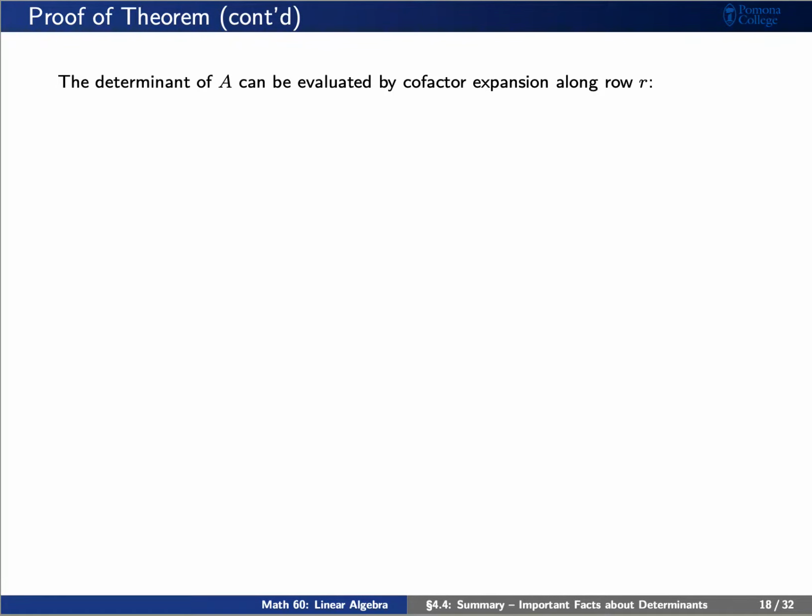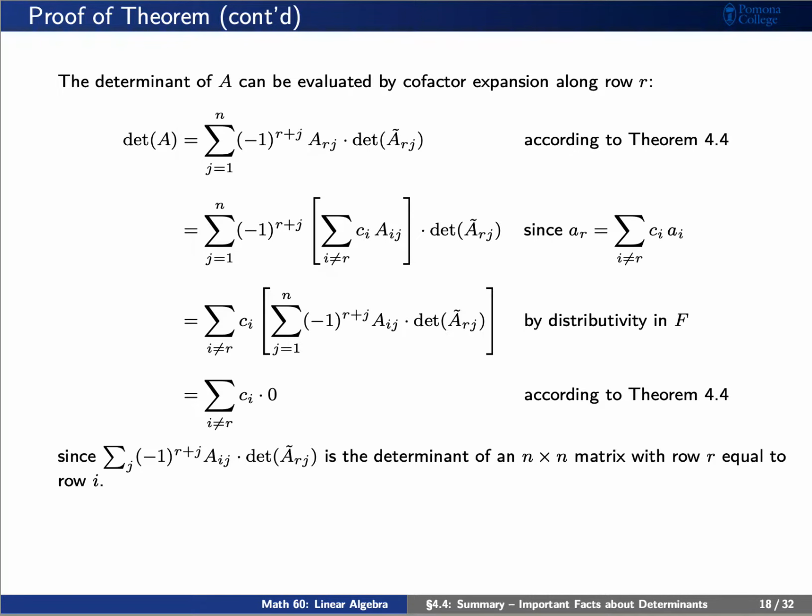That means that the determinant of A can be evaluated using a cofactor expansion along this row. We'll see here, by multiplying things out, that we actually have a sum. You'll see this on equality 3: the sum over j from 1 to n of minus 1 to the r plus j, a sub ij, times the determinant of A_rj tilde.